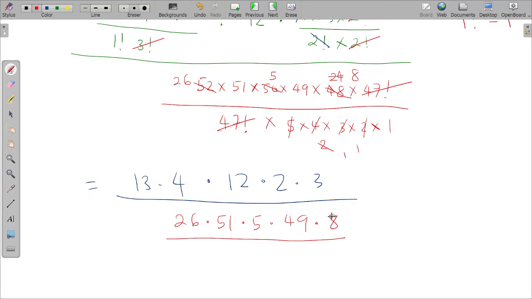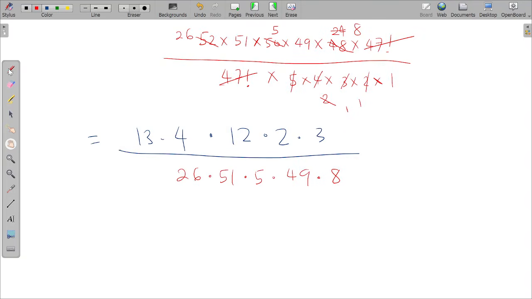All these are gone. Nothing is remaining in the denominator, so it's just over that one. That is fine. With this now, you can further simplify your answer, or you can simply press your calculator and get the result.